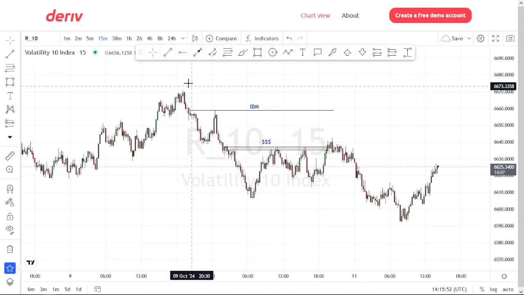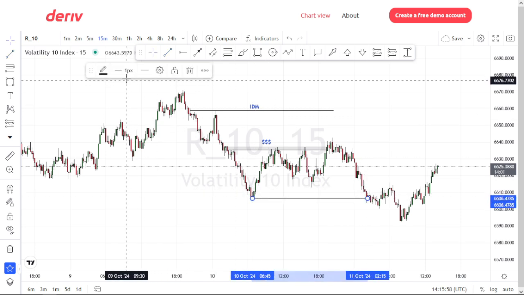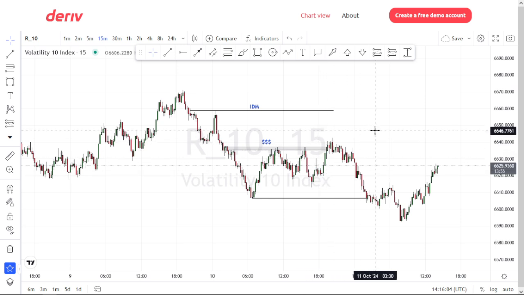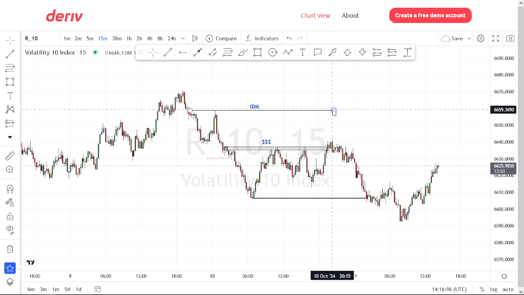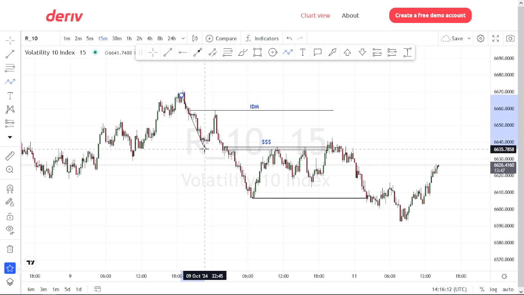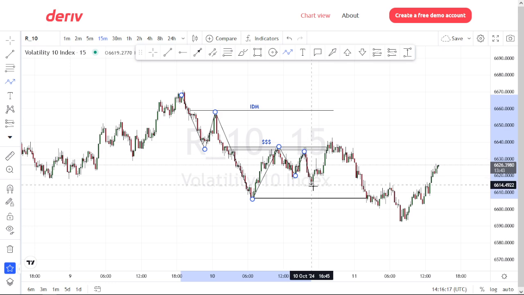Once the market got to the major low, which is this low here, look at it. While it was pulling back, where did it pull back to? Why did it not go for the inducement? Because there's an equal low here. So the market tends to respect the equal lows more.